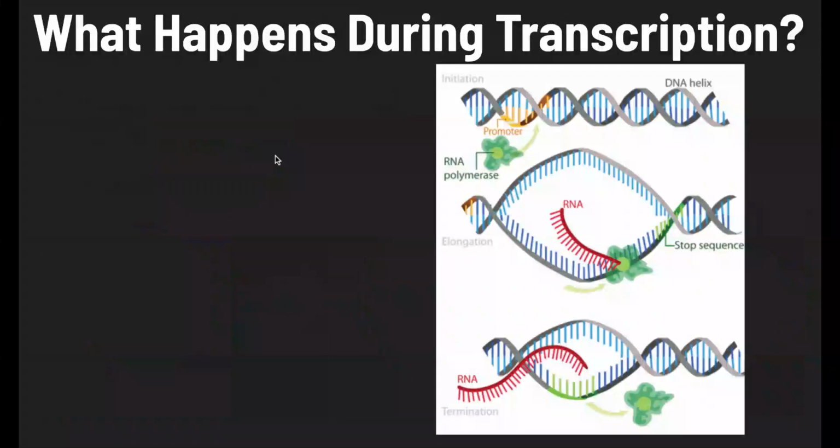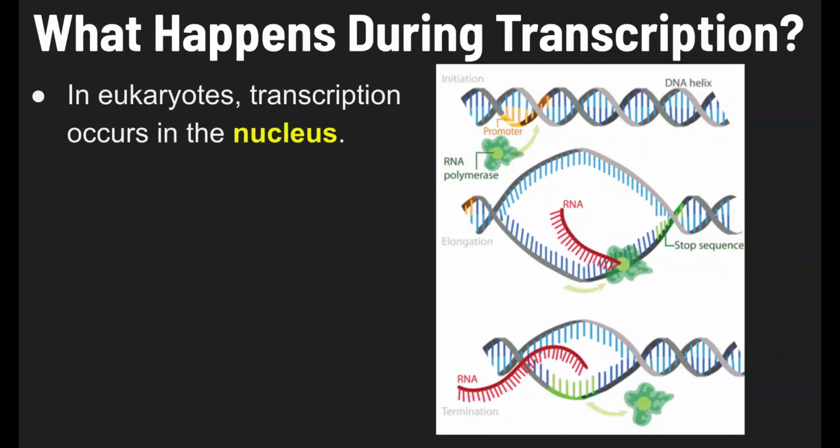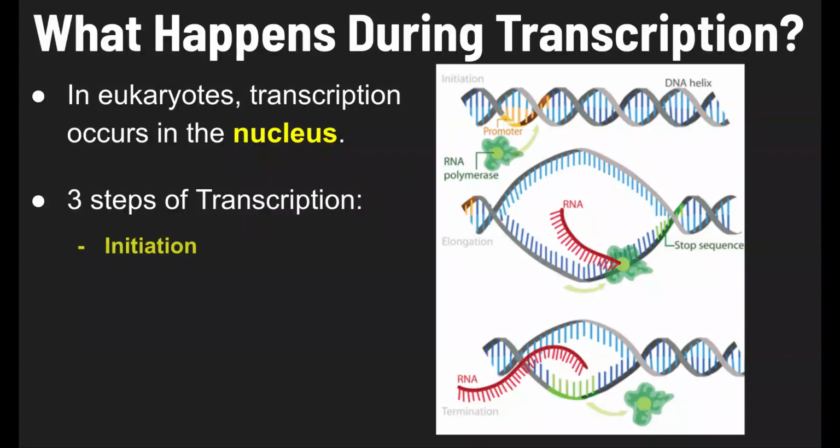Okay, so what happens during transcription? Well, in eukaryotes, so these are cells that have a nucleus in them, transcription occurs inside the nucleus, where the DNA is at. And there are going to be three basic steps of transcription.